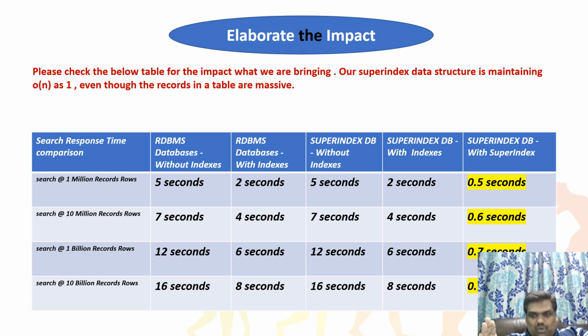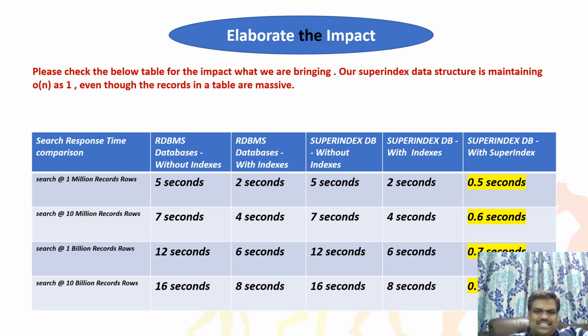SuperIndex DB also has the without-index concept, but it maintains a similar industry response behavior. If you go to RDBMS databases with indexes, it reduces from 5 seconds to 2 seconds, 7 seconds to 4 seconds, 12 seconds to 6 seconds, and 16 seconds to 8 seconds. In a similar way, SuperIndex DB with indexes maintains similar response time.